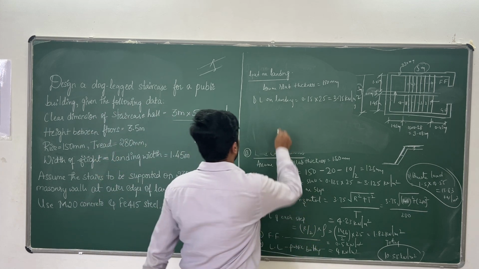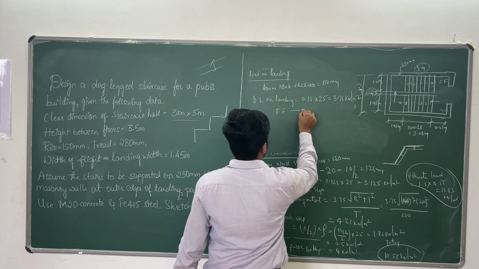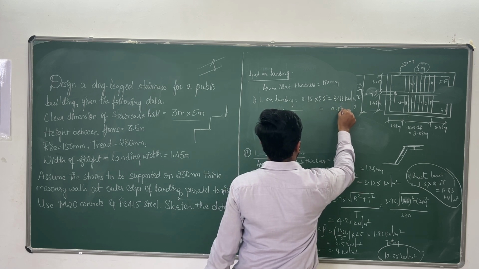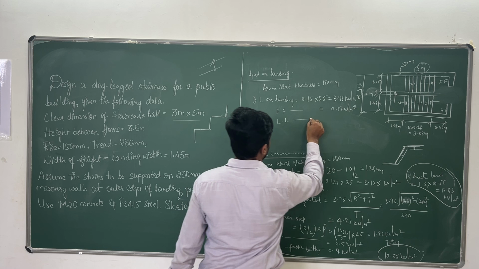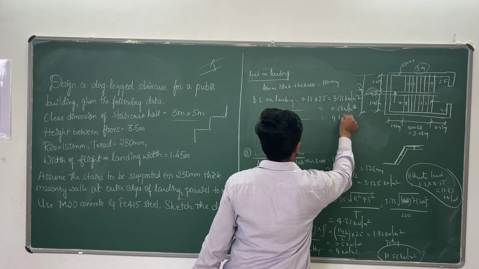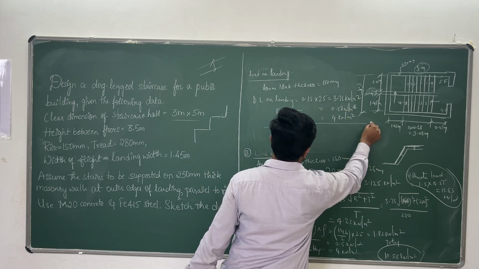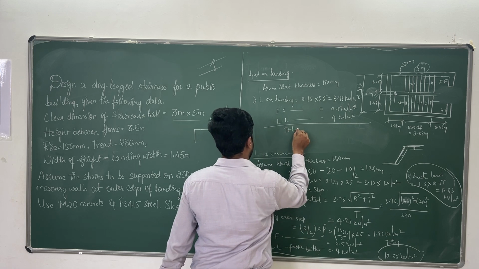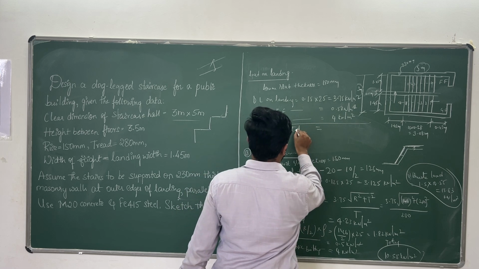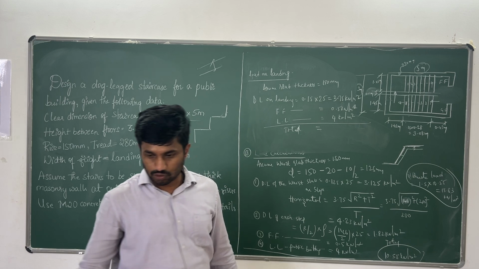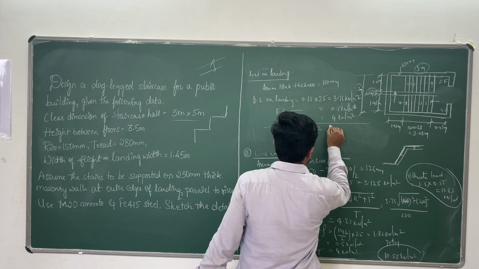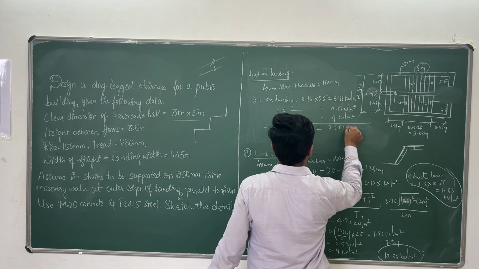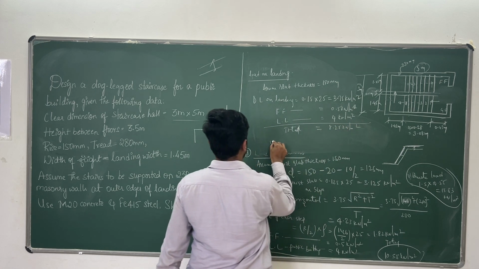Similarly, you take floor finish and live load, similar values. What is the floor finish? 0.5 kilonewton per meter square. What is the live load? 4 kilonewton per meter square. What is the total? 8.25 kilonewton per meter square.